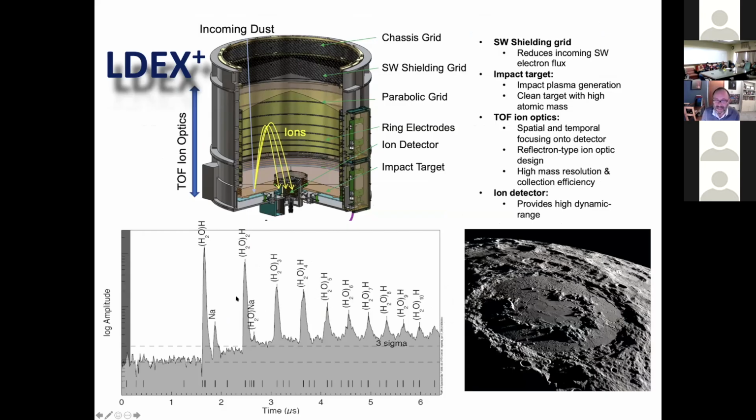We know it's water ice, and you cannot mistake chunks of water ice for anything else, because it generates this incredibly well-organized series of lines, which is a protonated water, and then 2 waters, and then 3 waters, and 4, 5, and so forth. It's very well organized as you break up into smithereens, into ions of water clusters of various sizes.